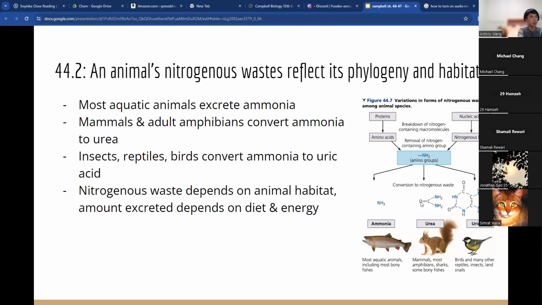Others, like us, excrete nitrogenous waste as urea, which is a slightly more concentrated form of ammonia. And then some birds and other animals really compact their nitrogenous waste into something.